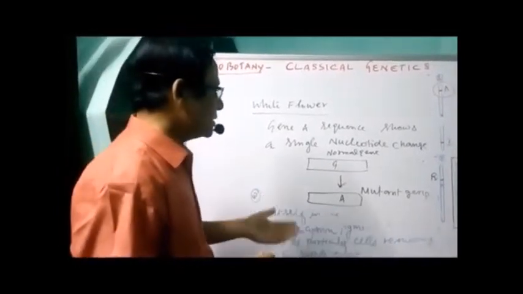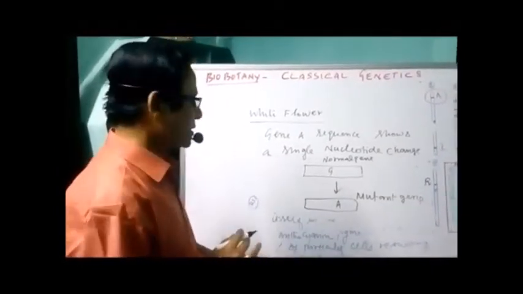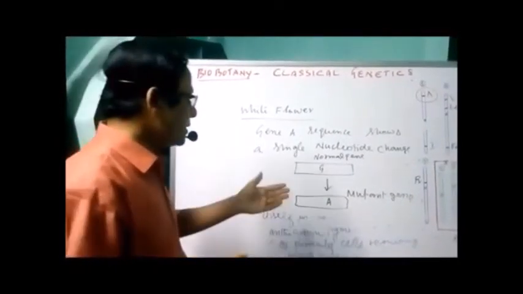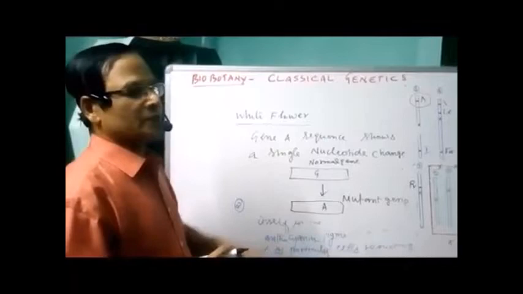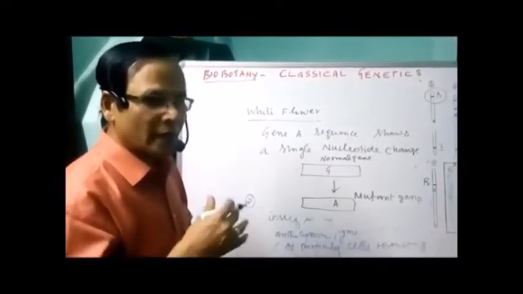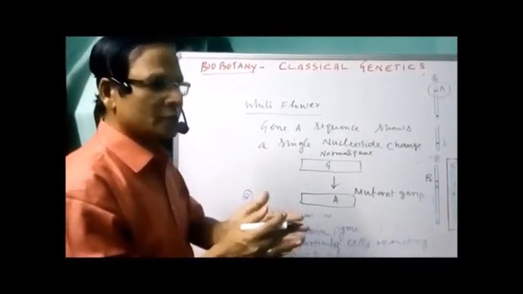So the mutant gene is unable to produce an active transcription factor. It makes the transcription factor inactive. The normal gene makes the transcription factor active, so it switches on the gene expression.